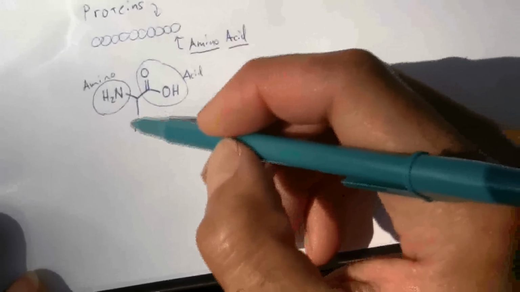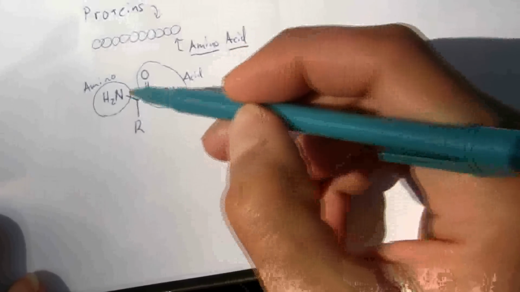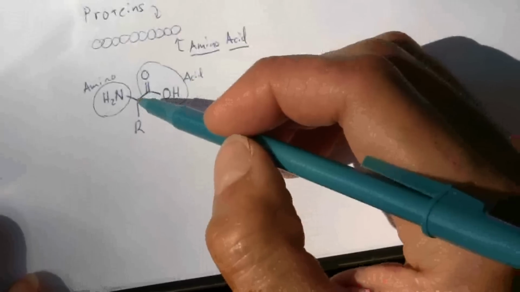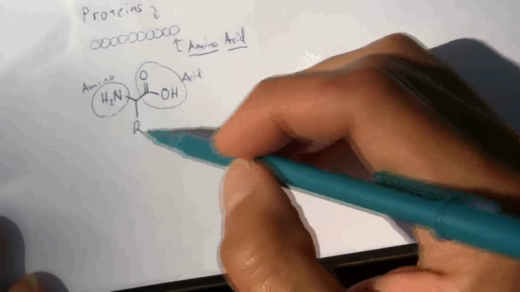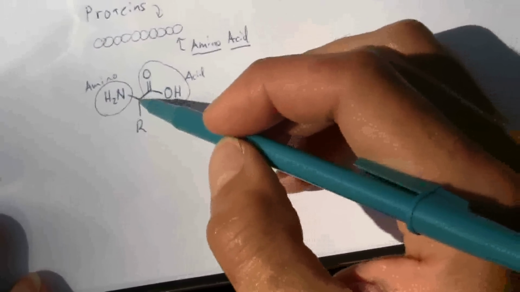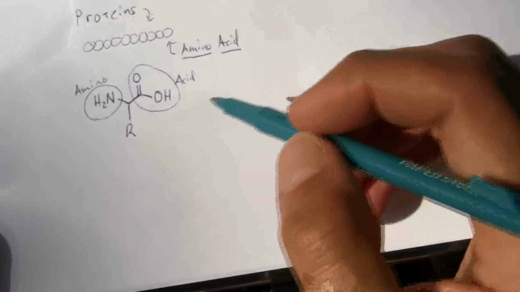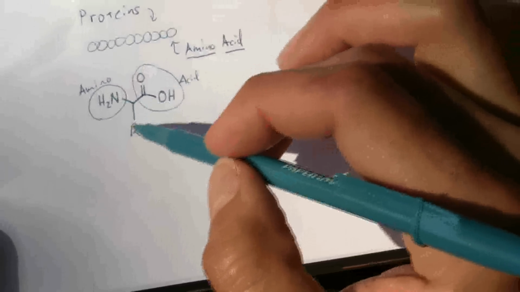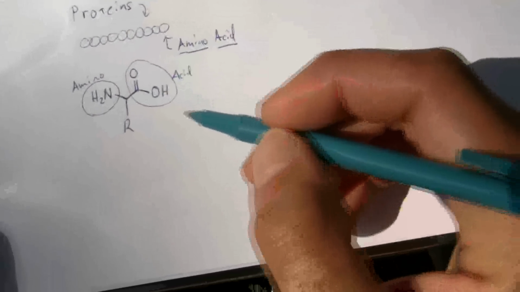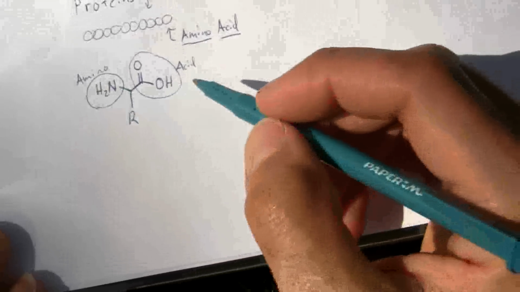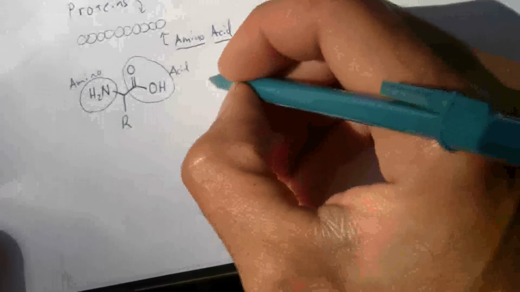But the only thing that differs is what is attached at this middle carbon. Now, it also happens that there's a particular three-dimensional arrangement between these groups that are attached at this carbon. I'm not going to go into detail about that, but the proteins only have one particular arrangement. It is specific with that. So this is the structure of an amino acid.